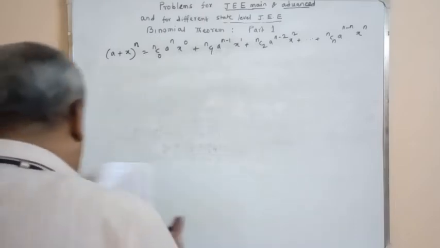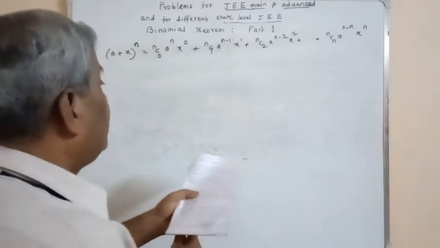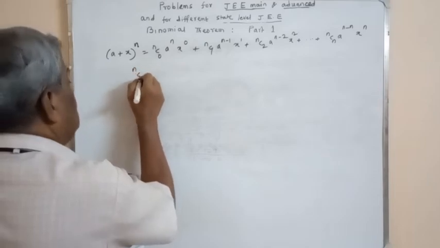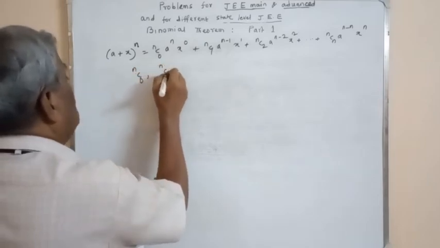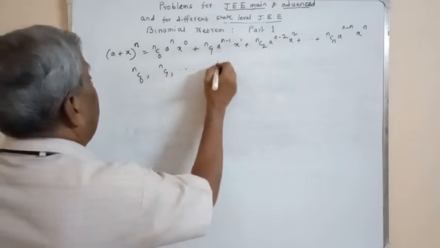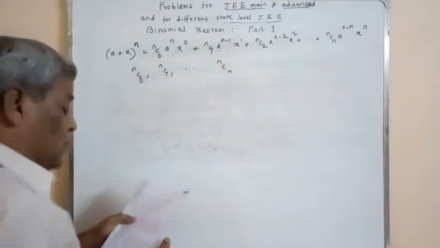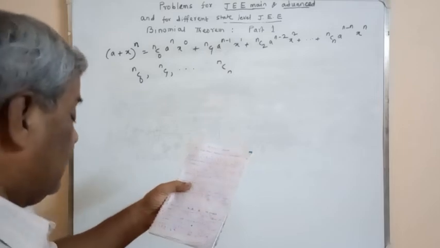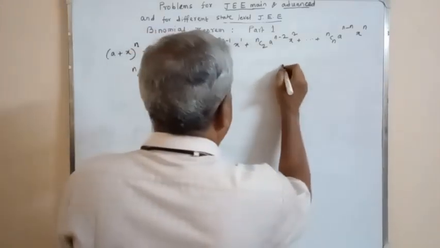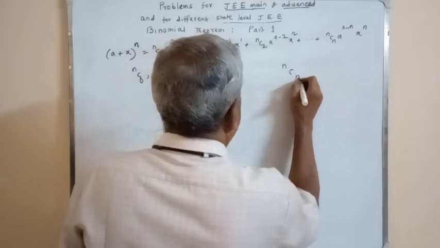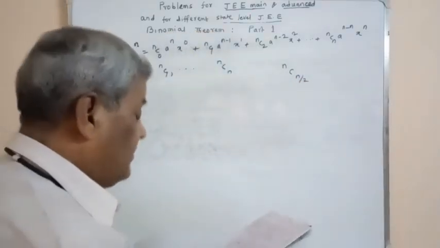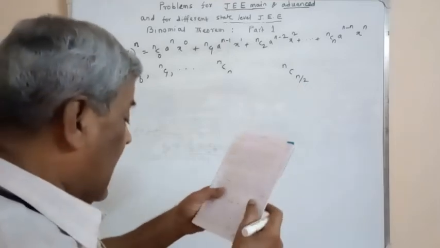Next, among the binomial coefficients nC0, nC1, up to nCn, that is n plus 1 binomial coefficients, the greatest one is nC(n by 2) if n is even.